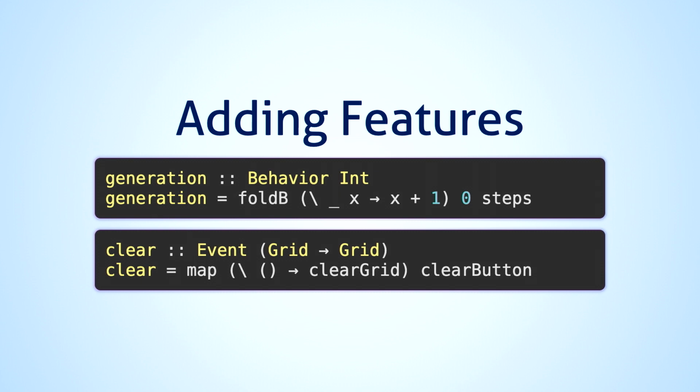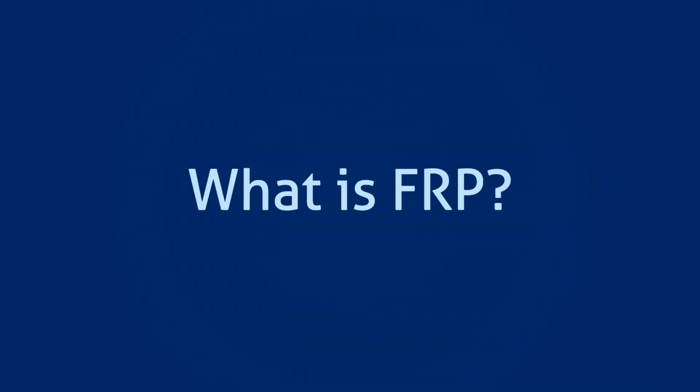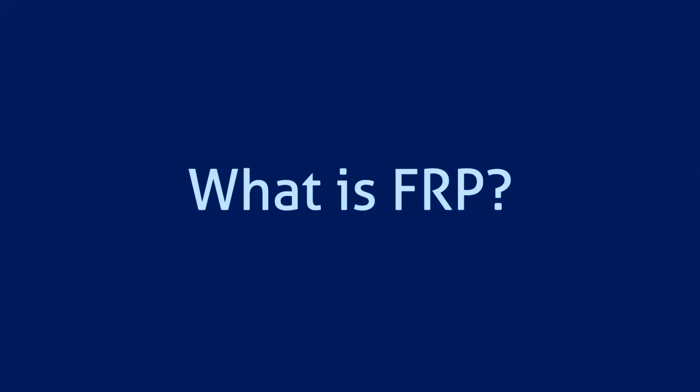And then once I have this stream, I just add it to the union of changes. And now I have a new control without needing to change anything that wasn't directly related to this clear functionality. And that, I think, to me, really captures why I like FRP so much.